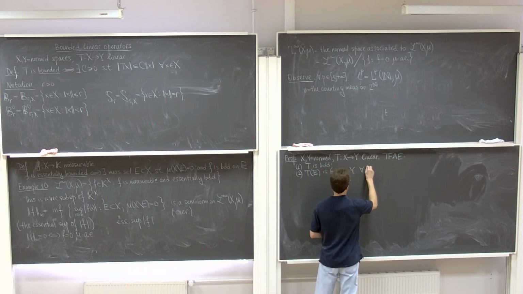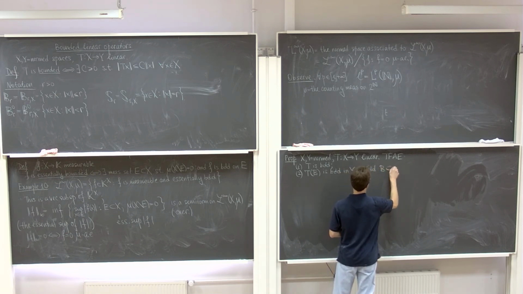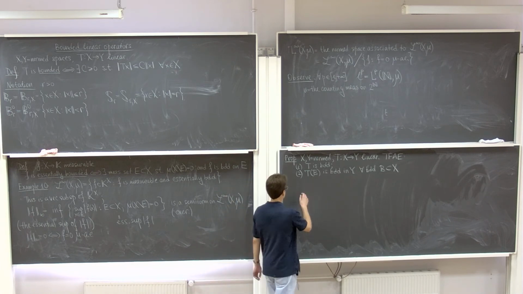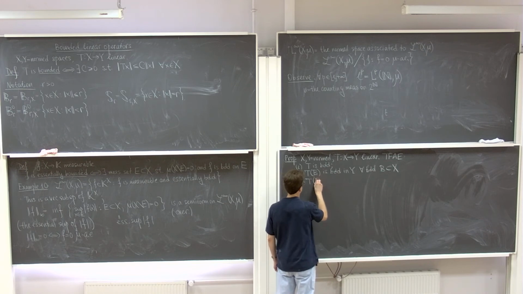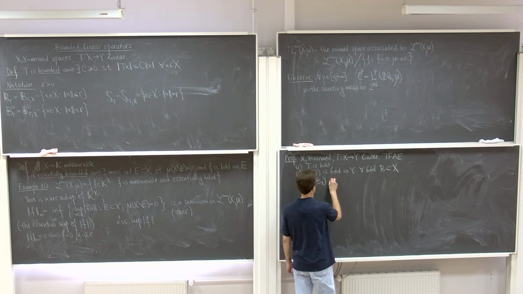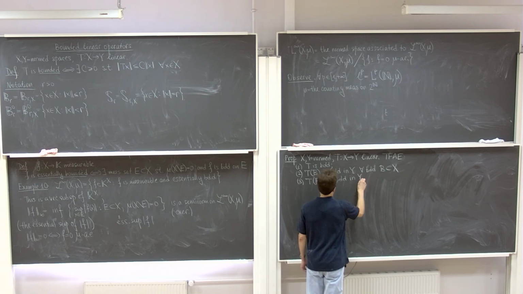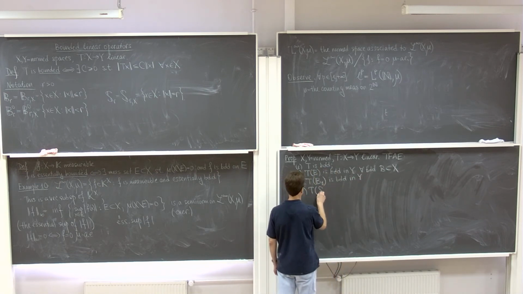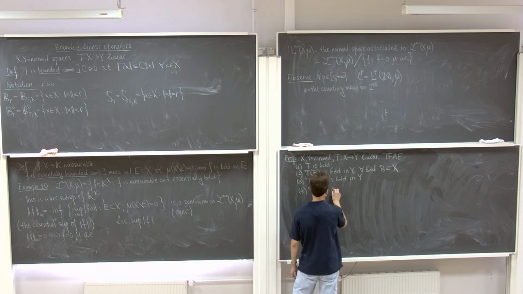So for each bounded subset B of X, the image of B is bounded in Y. Condition 3, T takes the ball, for example, the closed unit ball of X, to a bounded subset of Y. And condition 4, T takes the sphere, for example, of radius 1, to a bounded subset of Y.